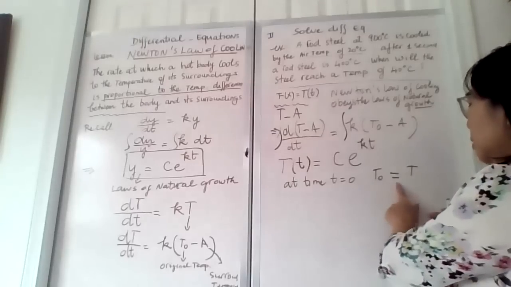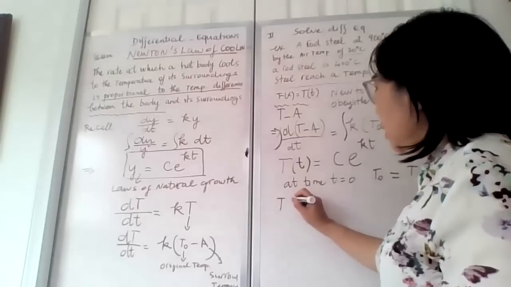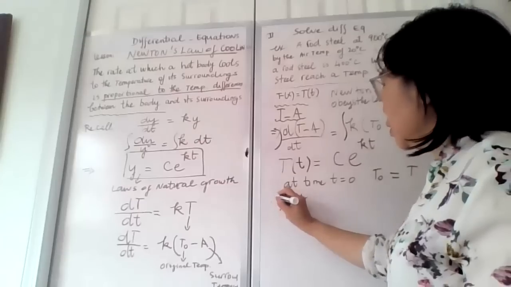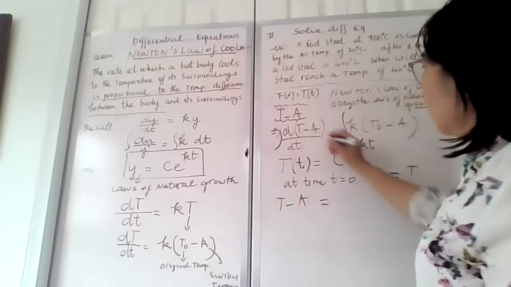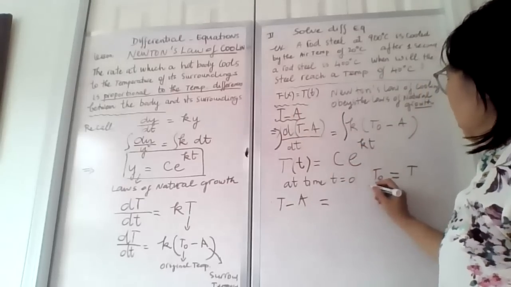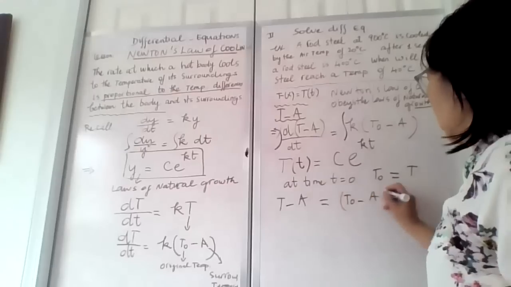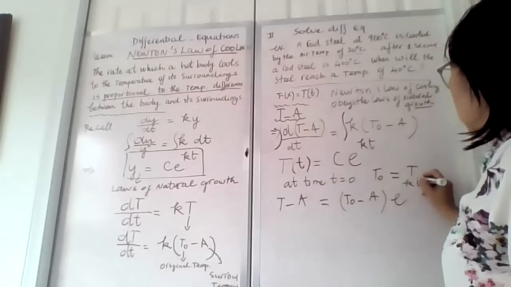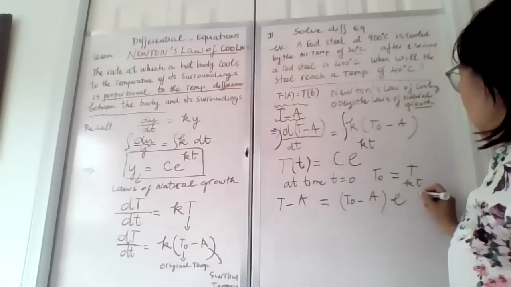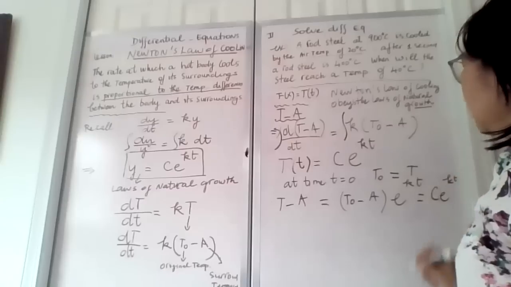If we follow that, we will have T minus A, this whole function, equal to (T0 minus A) e^(kt), and that equals C e^(kt).